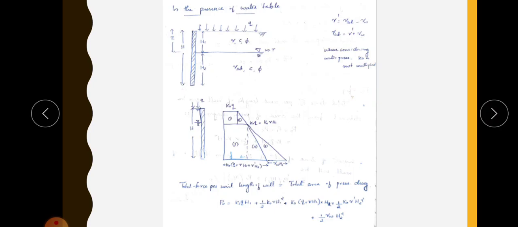But in the case of pore water pressure, it will be gamma w into h only. We should not multiply k naught with that value, that is, unit weight of water into height.